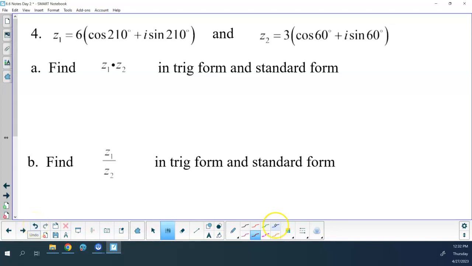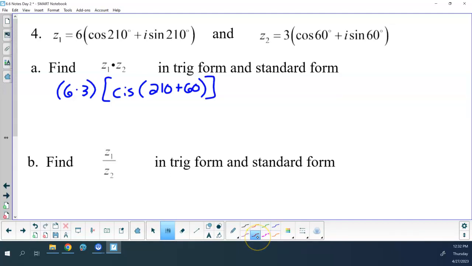So to multiply them, I take the r values, 6 and 3, and I multiply those together. And then I add the thetas together. So this would be in trig form, it would be 18 CIS of 270 degrees.